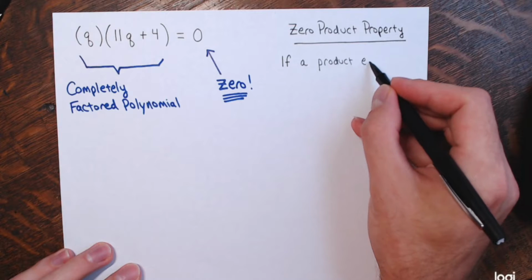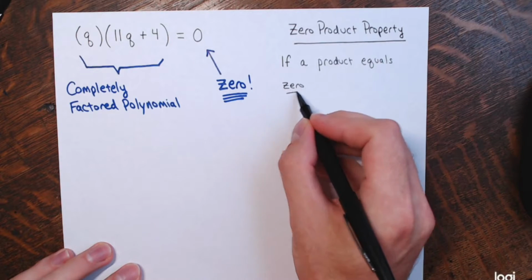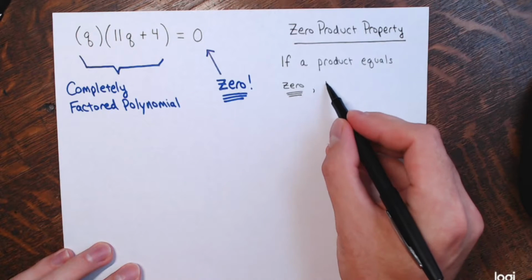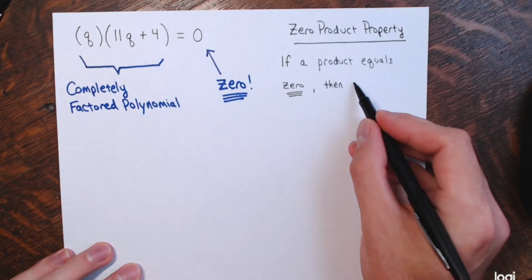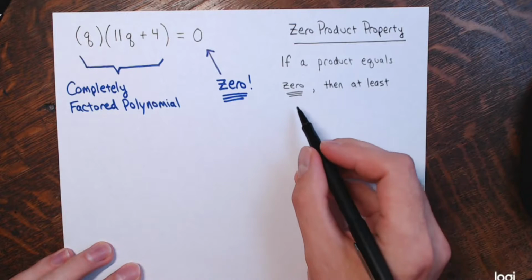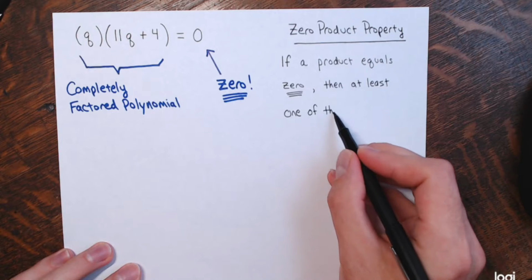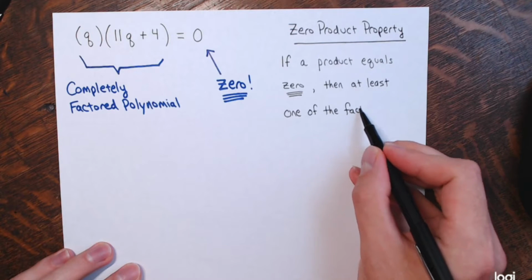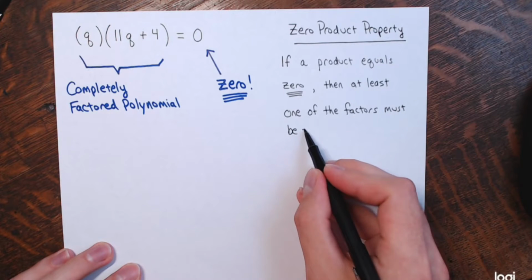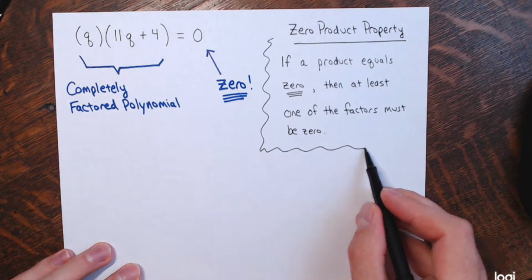If a product equals 0, and only 0, not any other number, then at least one of the factors of that product must be 0. Okay, there's the zero product property in words.